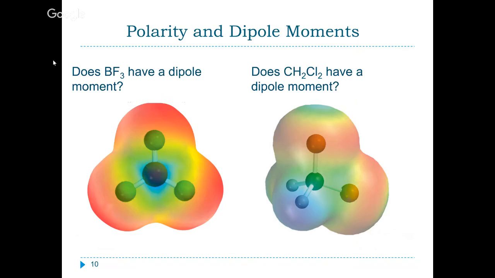But we can see that we would end up with a polar molecule because we don't have an equal distribution. We do not have an equal pull on our electrons. And by looking at the electrostatic potential map, our slightly negative region would be towards the chlorines, and our slightly positive region would be near the hydrogens.